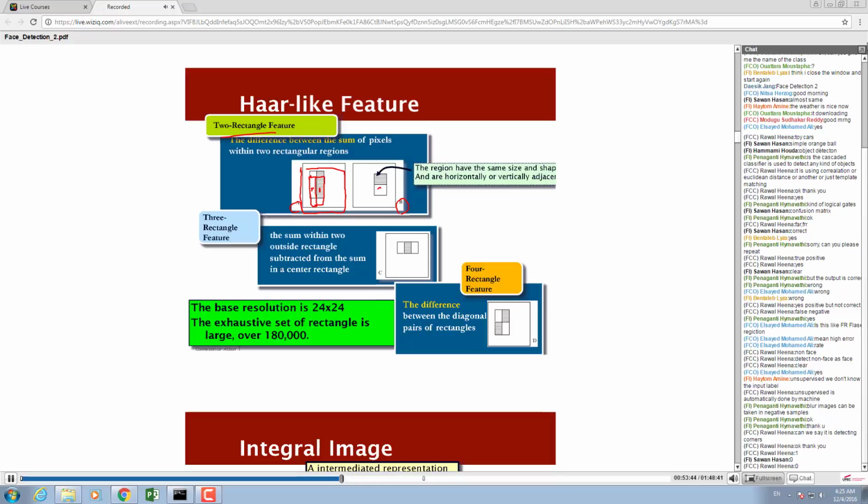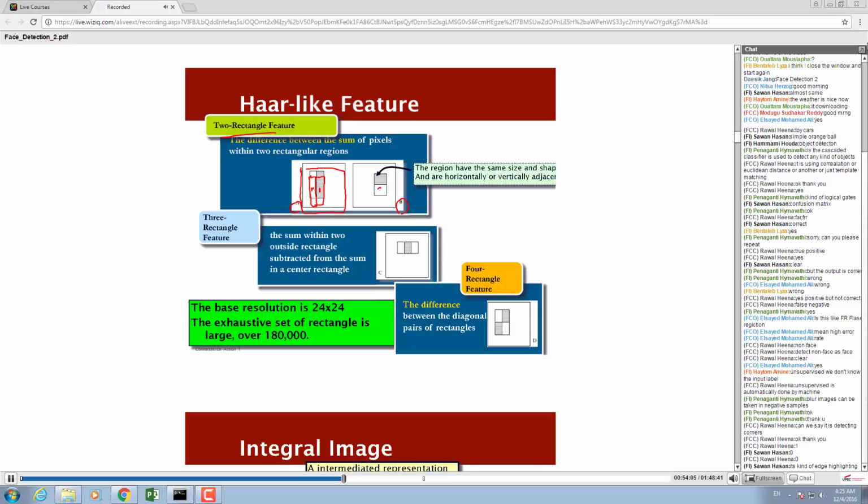If there is no change, like a white image or any black, the same color and same brightness region, then the result will be 0. But when there is some change in that region, the result will be big. The subtraction will give us a big value.